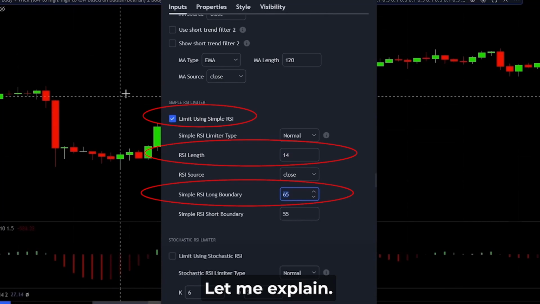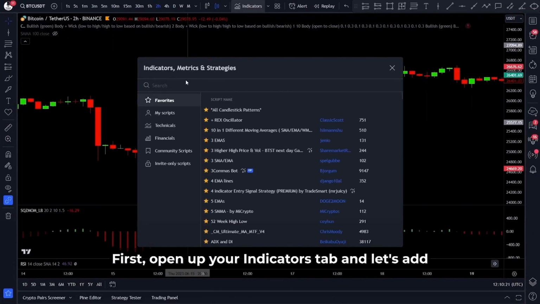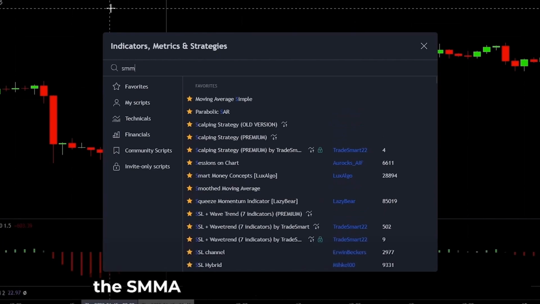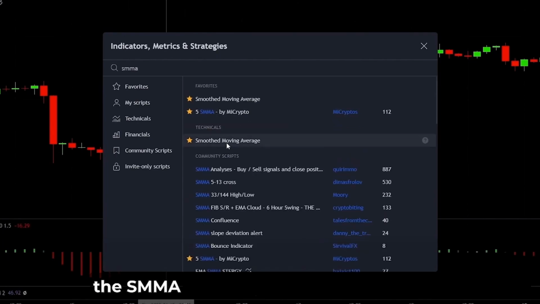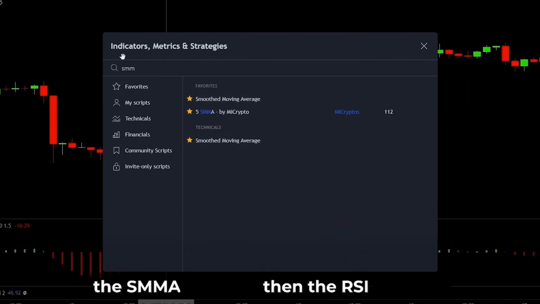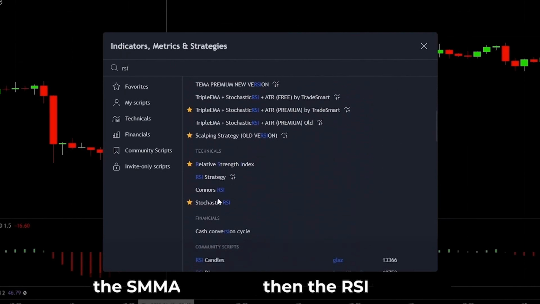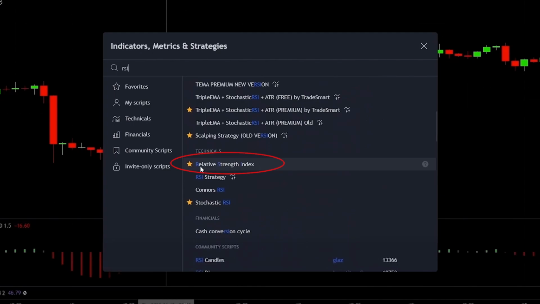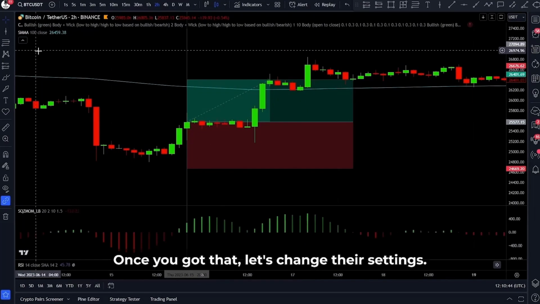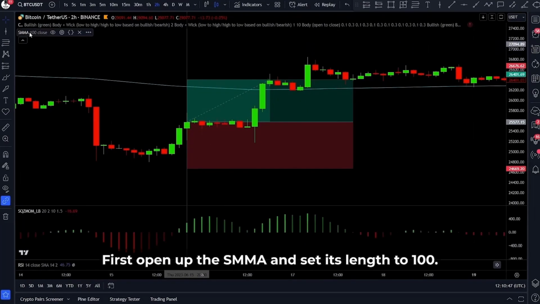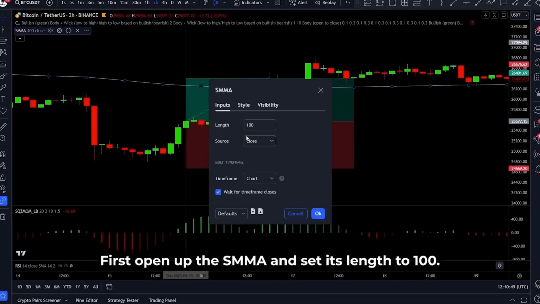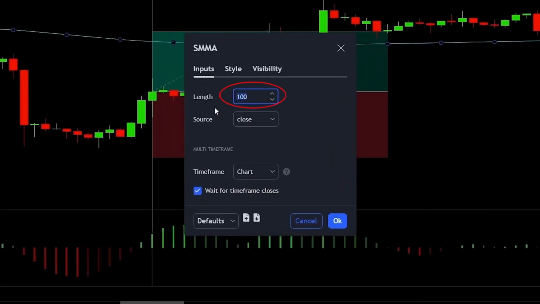Let me explain. First, open up your indicators tab and let's add the SMMA, this one, then the RSI, this one. Once you got that, let's change their settings. First, open up the SMMA and set its length to 100.